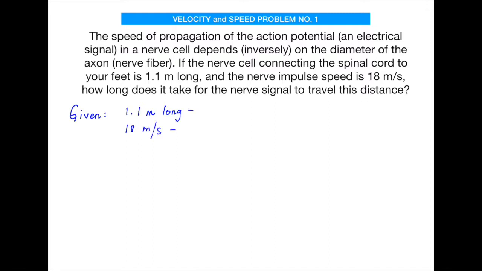So the 1.1 meter long, this is the distance, and this 18 meter per second, this is the speed. Now, what is being required? Required here is how long. So we are talking about time.